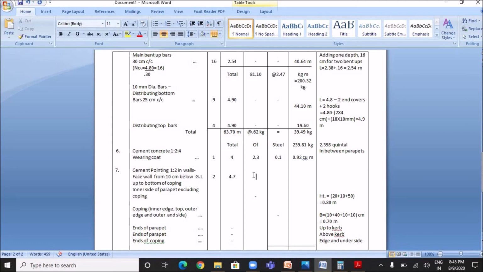The breadth, there is no breadth. Pointing work and plastering work are expressed in square centimeter or square meter. And the height is 2.1 meter and this quantity is 19.74 square meter.